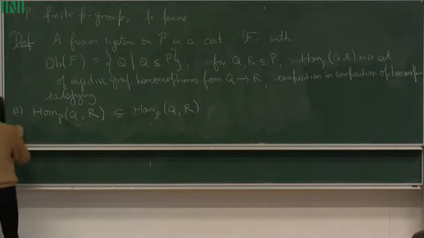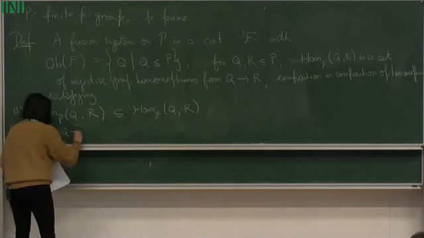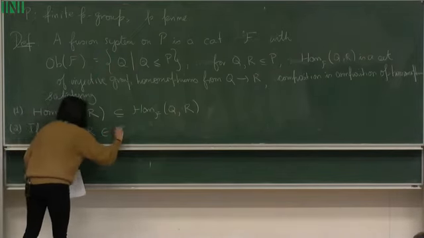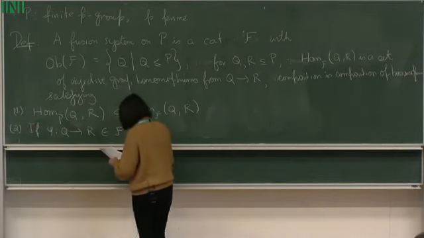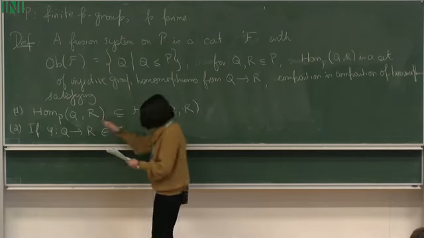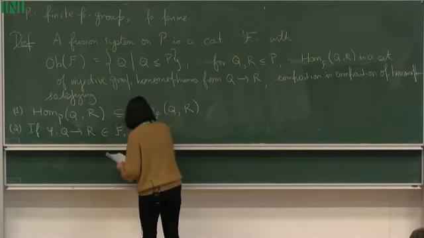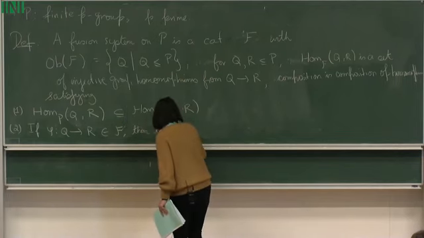And the second is, if you have a morphism in F from Q to R, so if you allow a homomorphism from Q to R to be a morphism in F, then all its descendants are also there.